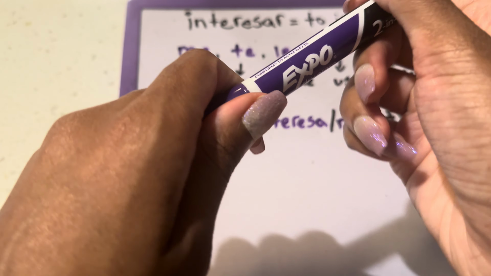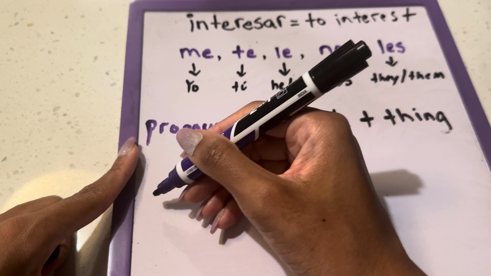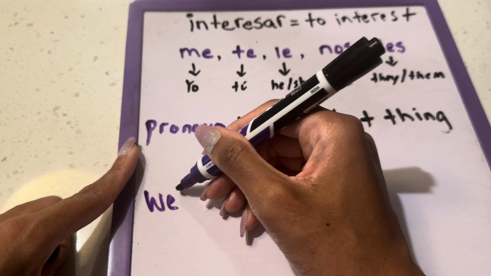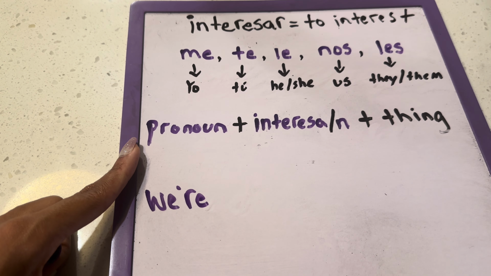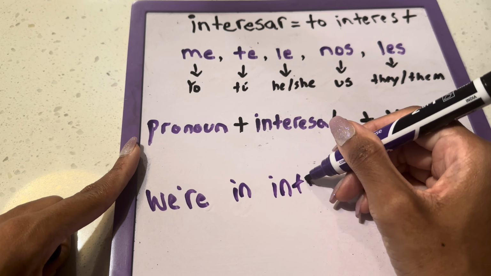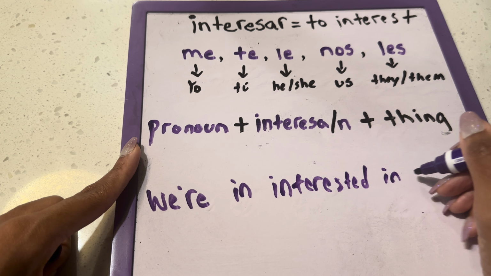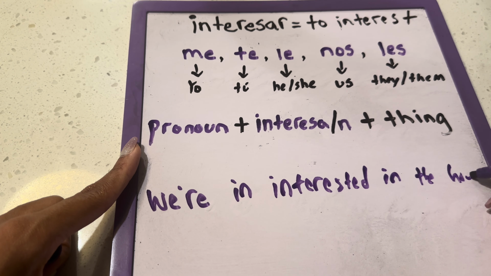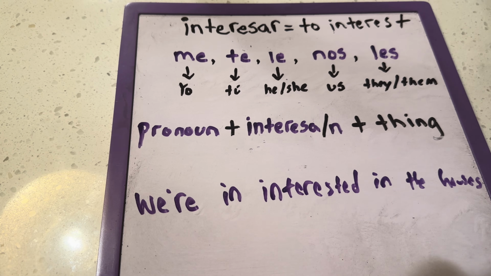Now, if we want to say that again using plurality, what if we want to say we're interested in the houses? Say you are with a real estate agent, you and your friends, and you're looking at houses, and you want to say, you know what, we're interested in the houses. So now we're looking at plurality, more than one house.